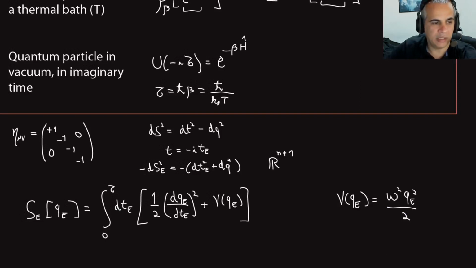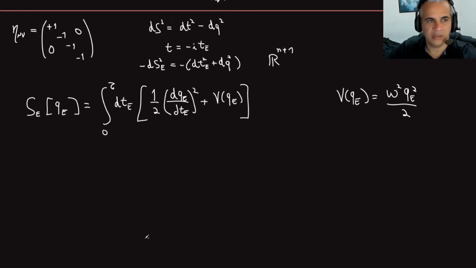And let's see what happens when I make the slicing needed for the path integral. To get to that expression, I discretize time.